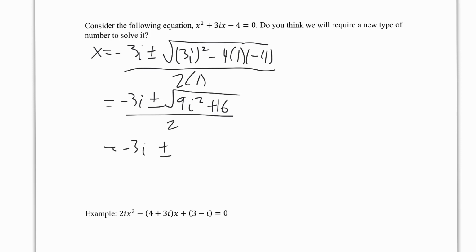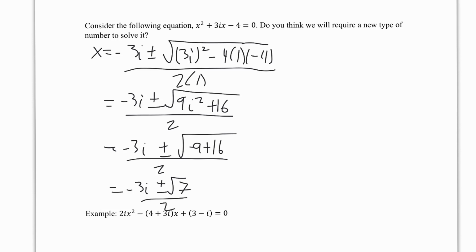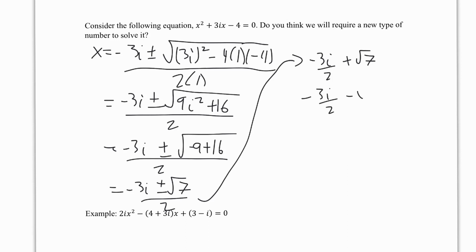So we'll get, remember, i squared is negative 1, so negative 9 plus 16. Well, that will give us plus or minus root 7 over 2, which we could write like this. So negative 3i over 2 plus root 7, and negative 3i over 2 minus root 7.